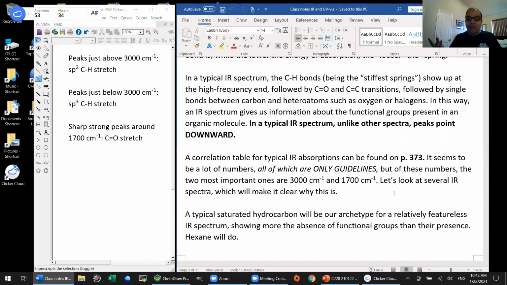And what I'm basically going to go through with you are just some examples of typical compounds to help you see where different functional groups usually show up. I'm just going to use them sort of as archetypes or examples.